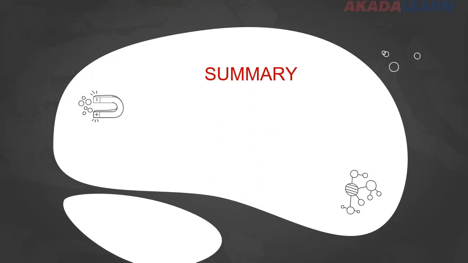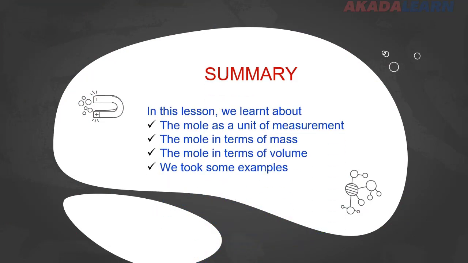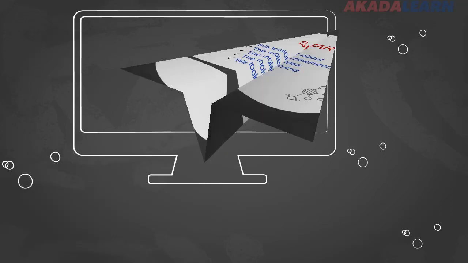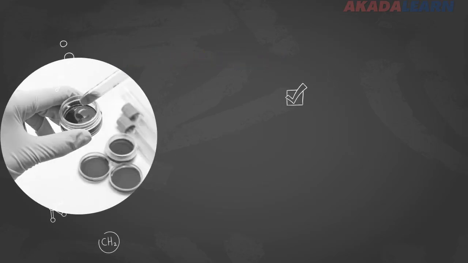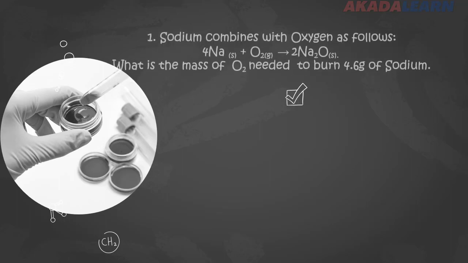Summary. In this lesson, we learnt about the mole as a unit of measurement, the mole in terms of mass, the mole in terms of volume, and we also took some examples. So, let's take some quick assessments. Question 1.